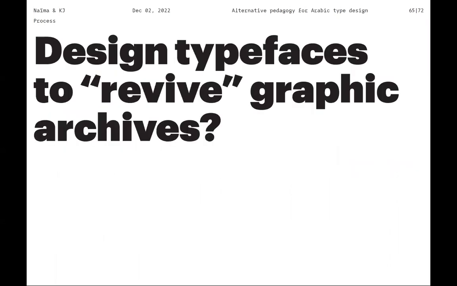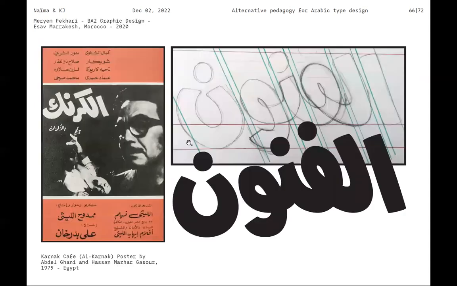And then one thing that is dear to our hearts as well is designing typefaces to revive graphic archives. There is a rich archive of Arabic letter forms in posters, in many formats, with very creative letters, and that sort of diversity is not yet reflected in the Arabic typefaces that are available.